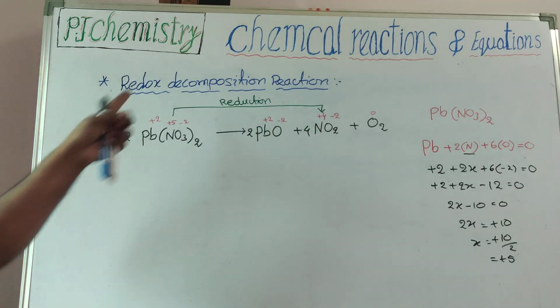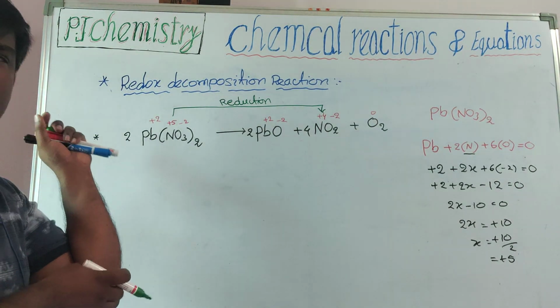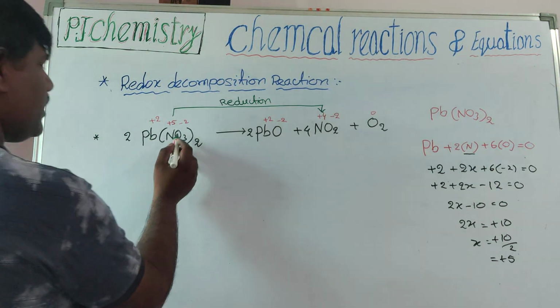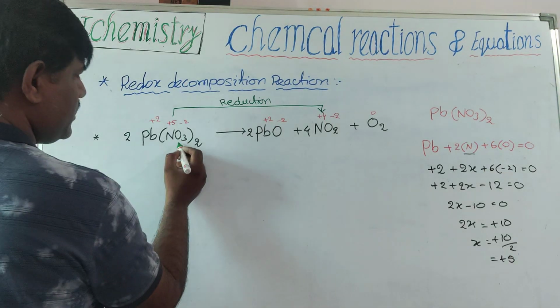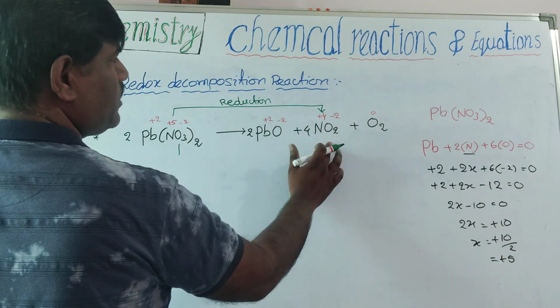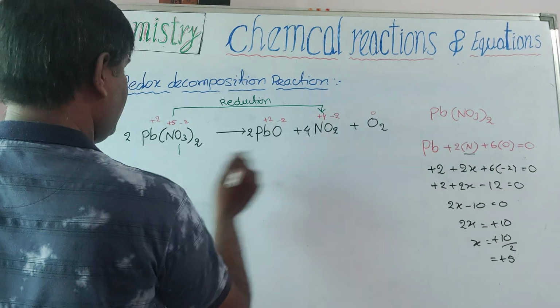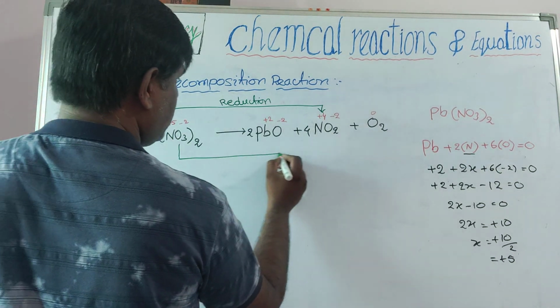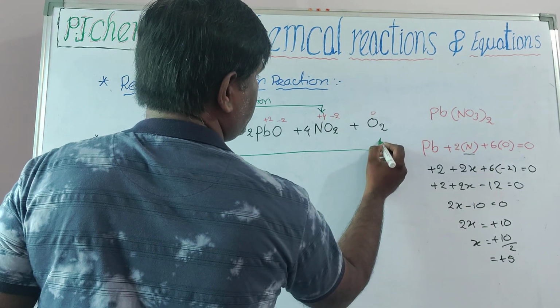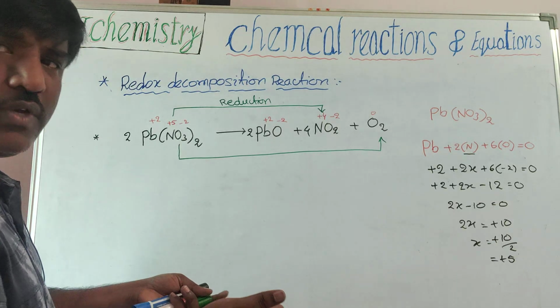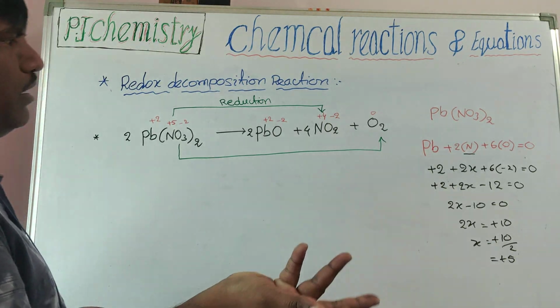Reduction over. What about oxidation, sir? If you observe the next remaining element, oxygen: oxygen here -2, here also -2, here also -2, here 0. So oxygen -2 to 0 increased. Compared to a negative value, 0 is more.